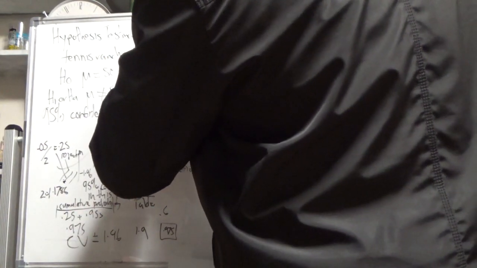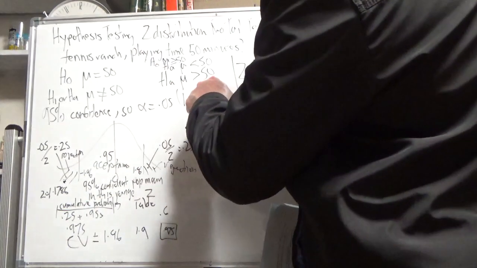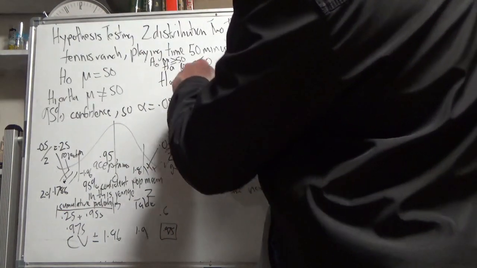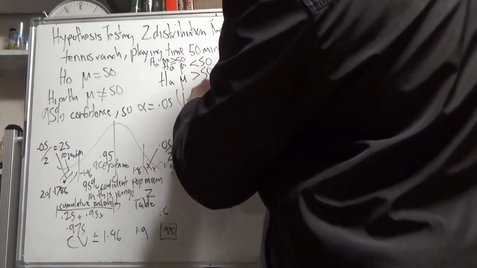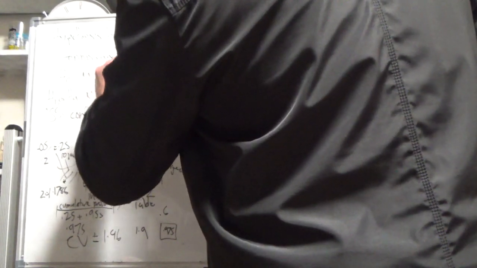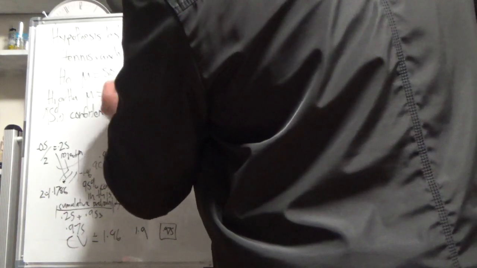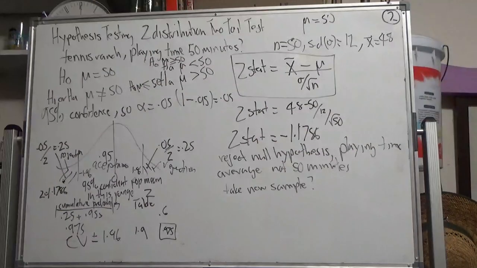And if you had that one-tailed test to the right, so that's a left-tailed one, if you had that right one, then the null hypothesis would have to be population mean less than or equal to 50. Okay, yeah, that's correct.